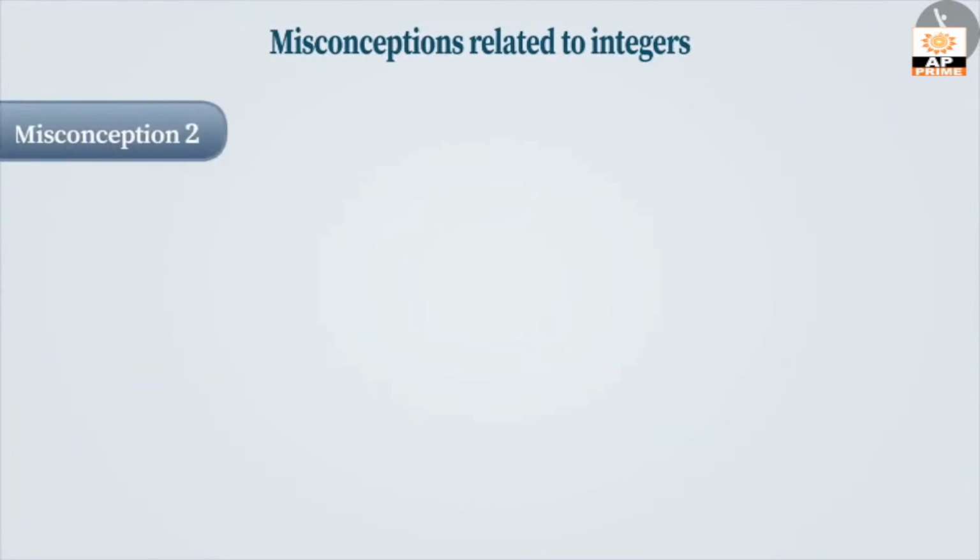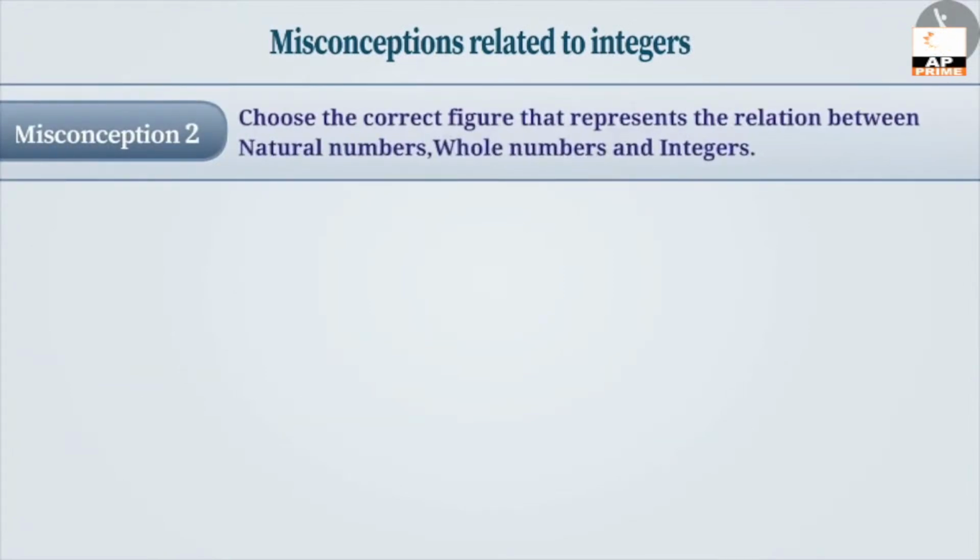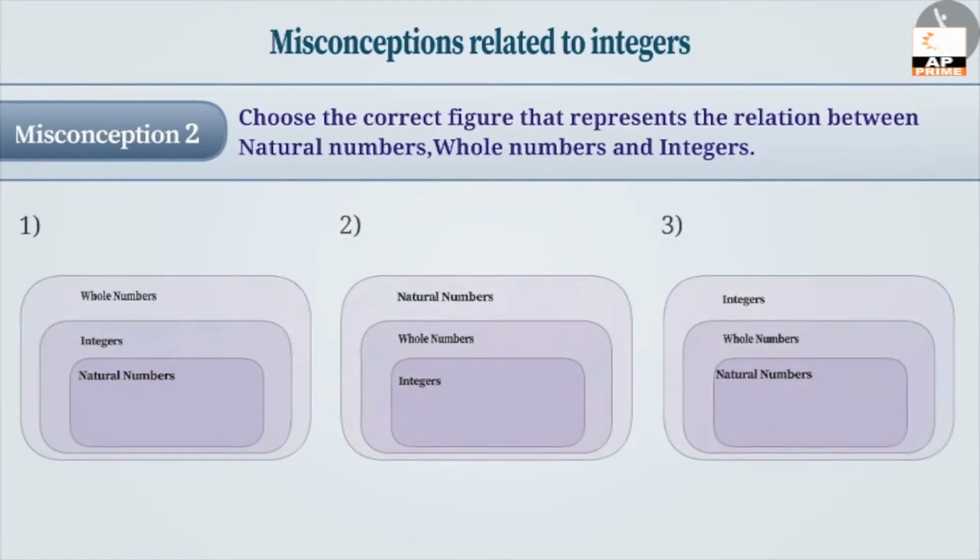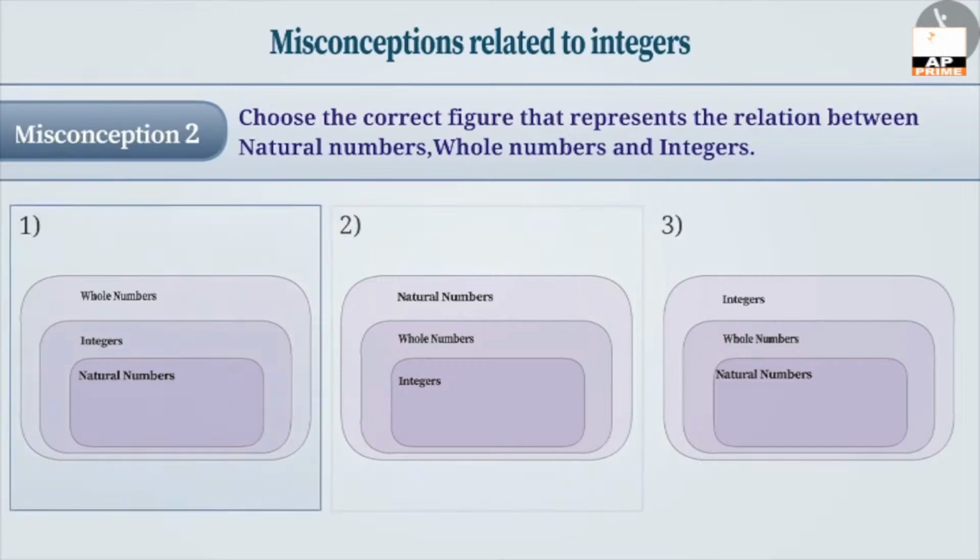Misconception 2. Which option represents the relation between natural numbers, whole numbers, and integers? Sometimes it is difficult to find the relation between these three sets of numbers. Often, options 1 and 2 are chosen, which are incorrect. The correct understanding is that natural numbers range from 1 to infinity.